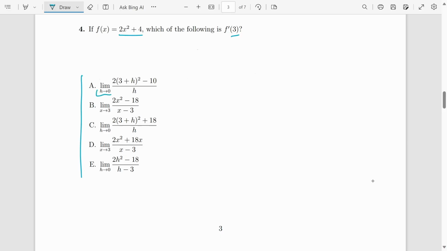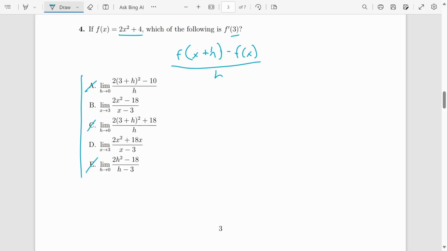There are 2 main ones. The one that I remember the most was the limit definition of the derivative, where you had f of x plus h minus f of x all over h. I think you could use that, but for whatever reason, spoiler alert, the answer actually isn't any of these.